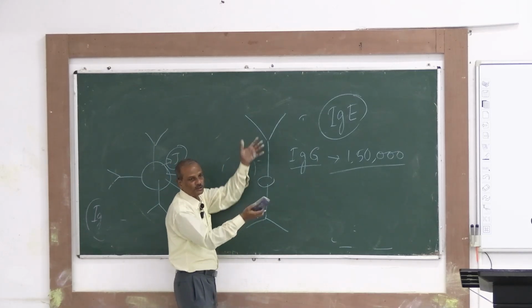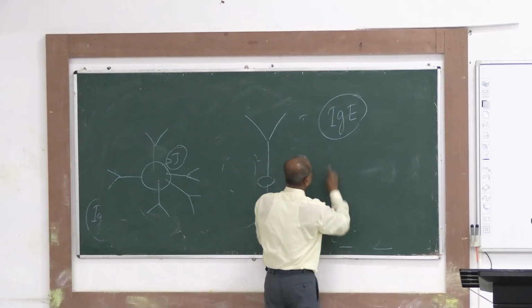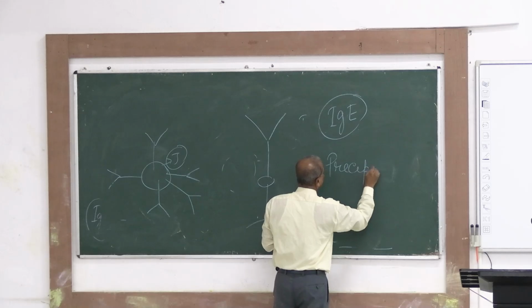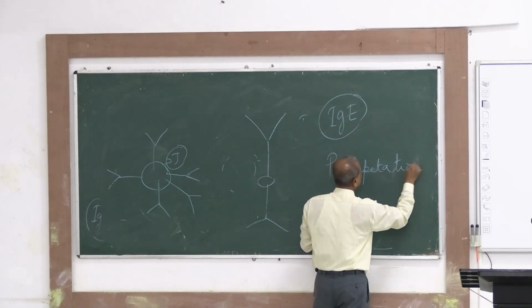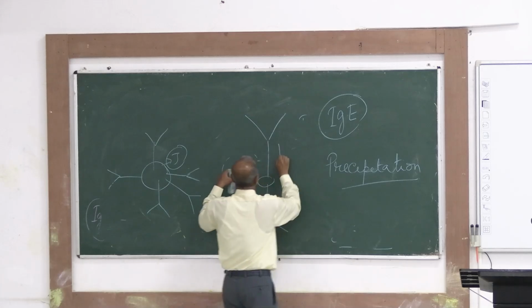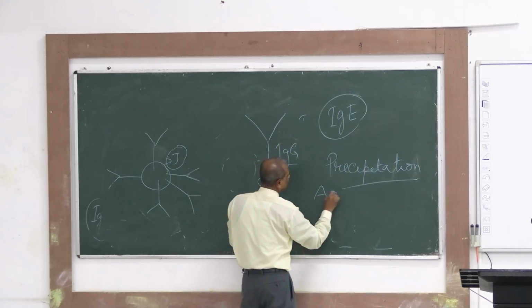They are thrown out of the solution, which causes precipitation. Precipitation is made by this IgG because of the antigen antibody reaction.